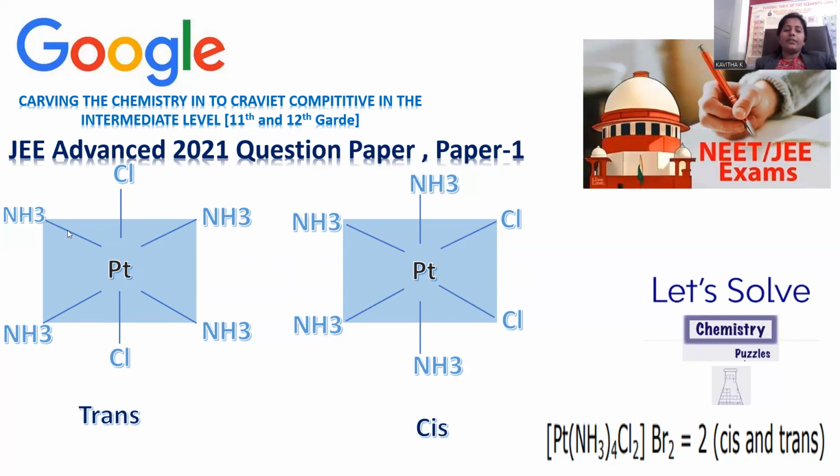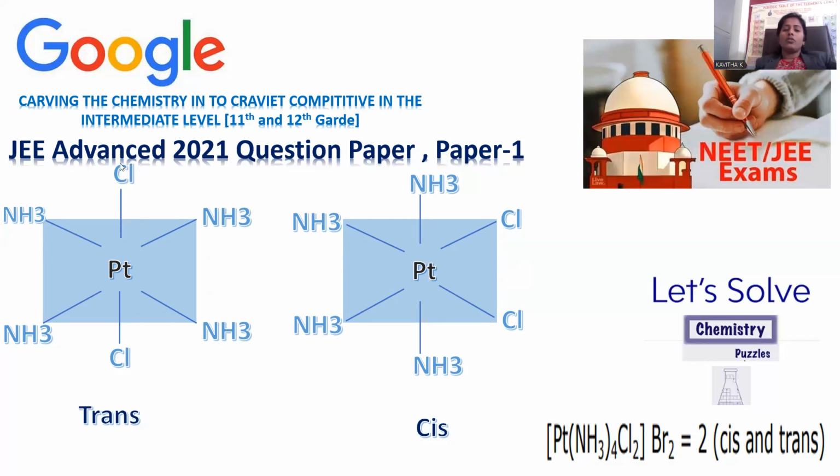Fine. And here 4 planar coordinates are denoted with NH3, NH3, NH3, NH3. NH3 is the ligand, a monodentate neutral ligand, we can say. And the chloro is inclined in the axial position. These two are called axial positions. Right angle is called axial, no?